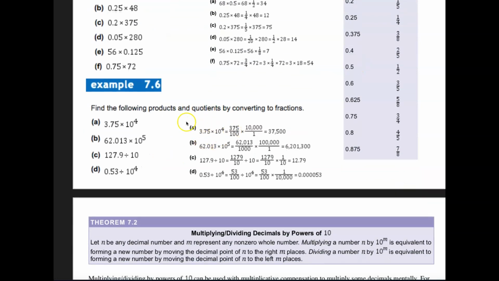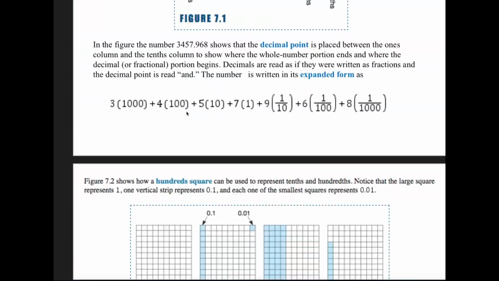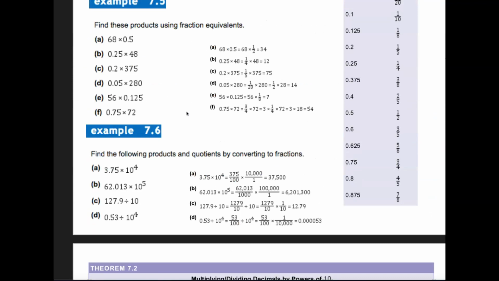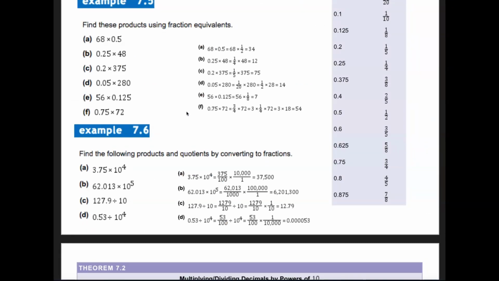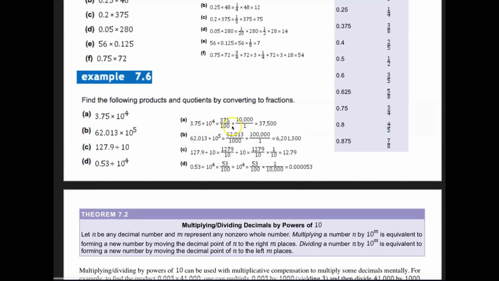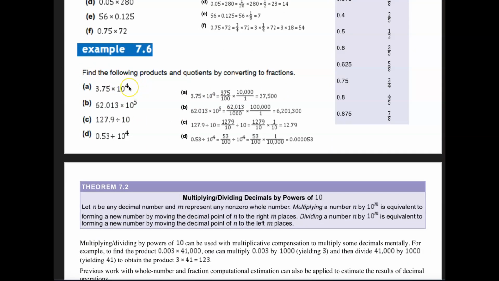Other things we can do is multiplying. When we multiply by powers of 10, we know there's a shortcut here, and here's the long way to do it: 3.75 times 10 to the power 4.